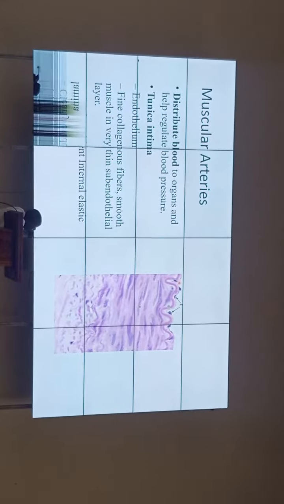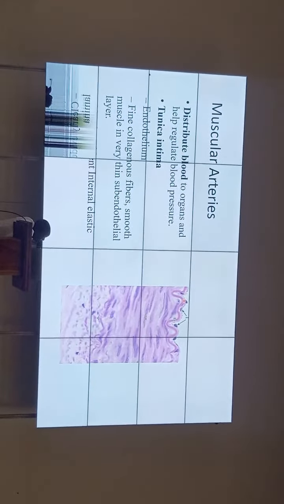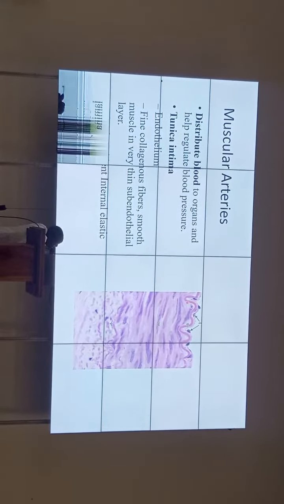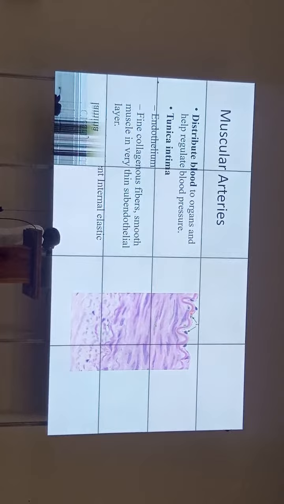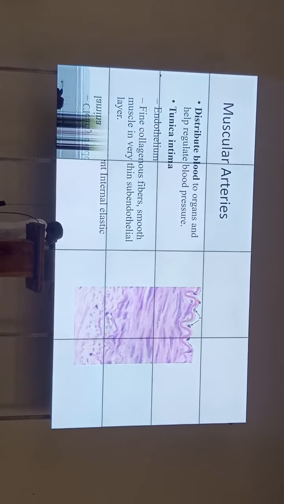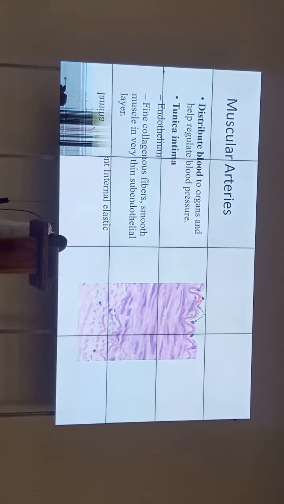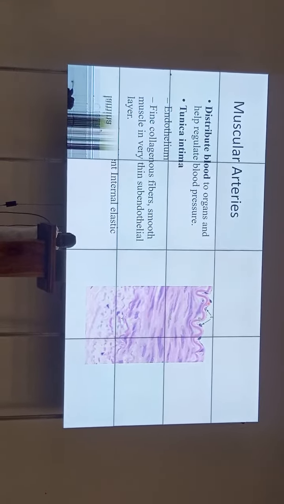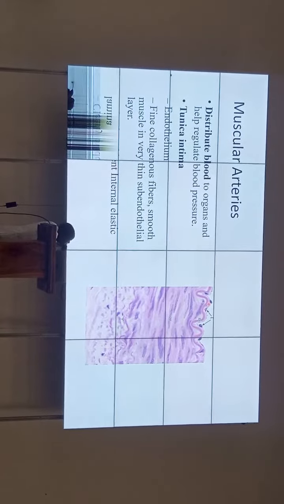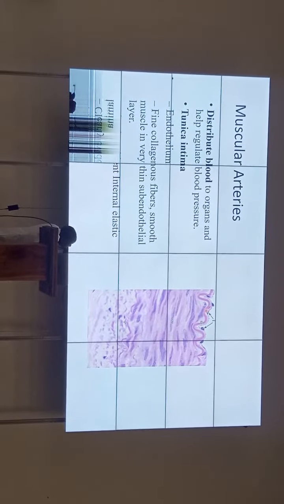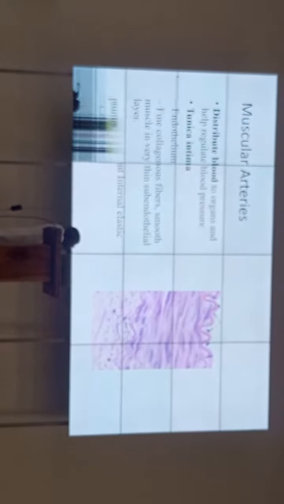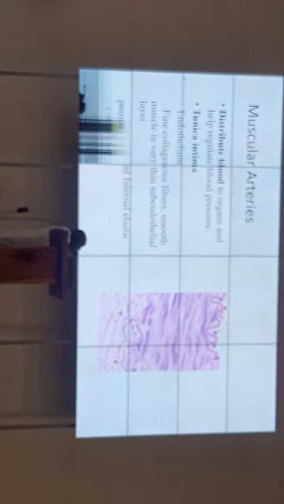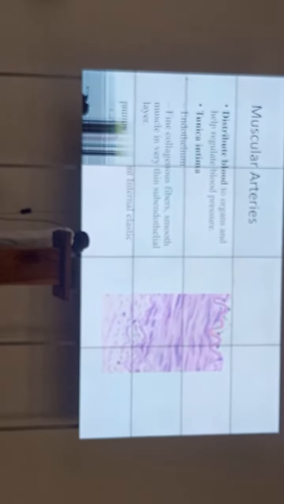Okay? So there's only one layer of these cells. Deep to them, can you see there's a space between the nucleus of that cell and this pink stained line? That space in between is the subendothelial layer. Deep to the subendothelial layer is this pretty pink stained layer, nice, lacy in appearance.